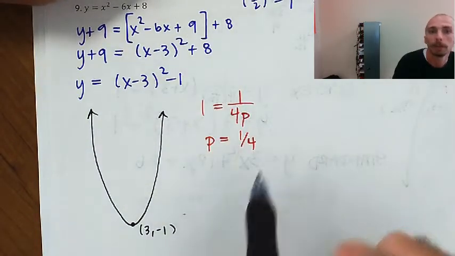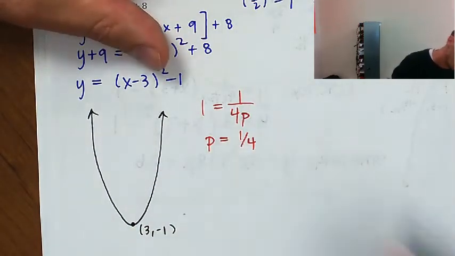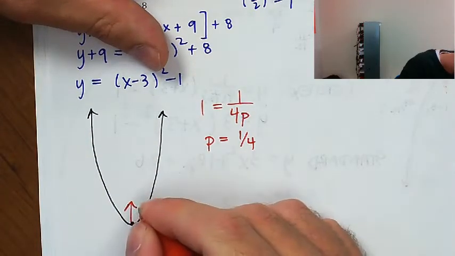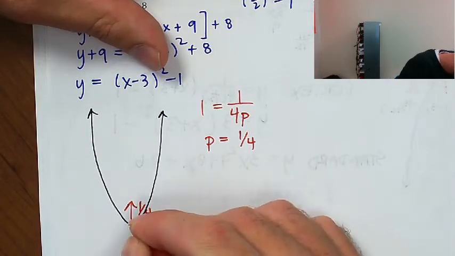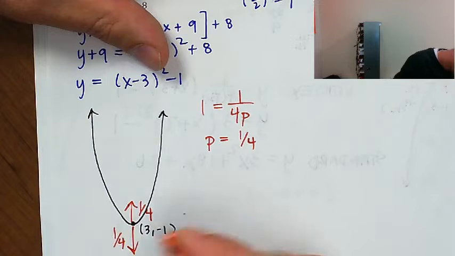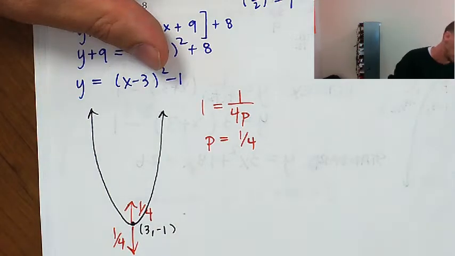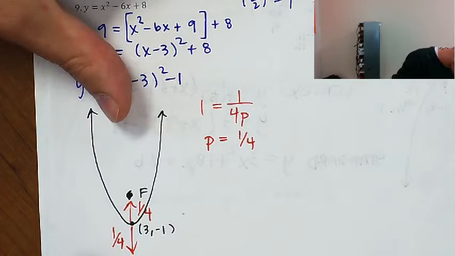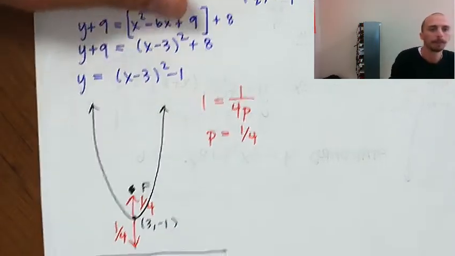Doesn't really matter. You're going to get p equals 1/4 if you do it right. So that means that I need to go up by 1/4, and then also down by 1/4, and that will give me my focus point and my directrix line.